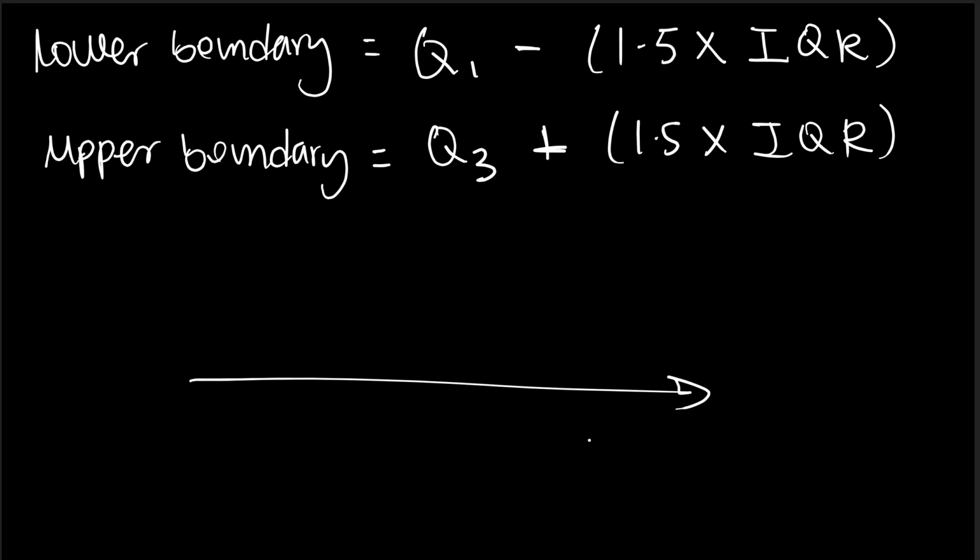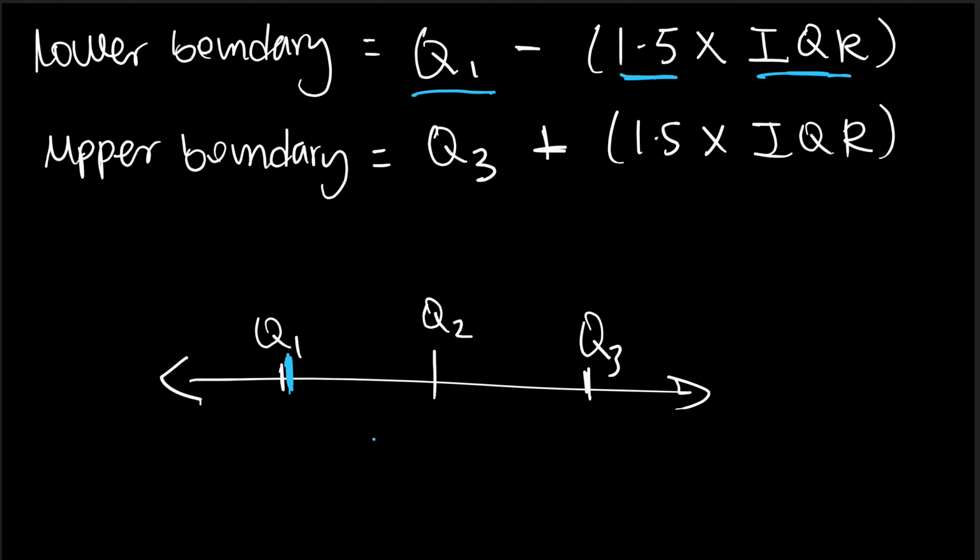If we have our number line, this is the median Q2, this is going to be Q1, and this is going to be Q3, right? If we take Q1, the lower boundary starts here, and we take away something from that, 1.5 times the interquartile range. Now the interquartile range was Q3 minus Q1.